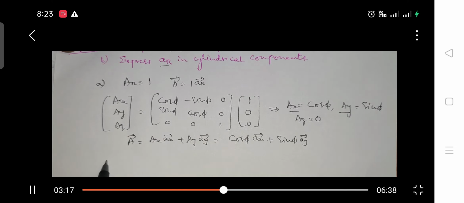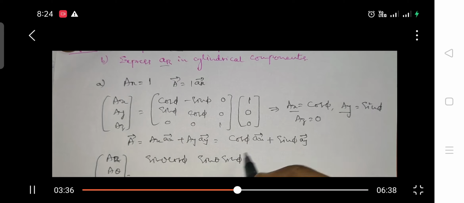Again, go for the transformation matrix. We are going to have AR, A theta and A phi, which is equal to, I am writing down here, sin theta cos phi, sin theta sin phi. These things we have been explained in the previous sessions. Please go through the videos.